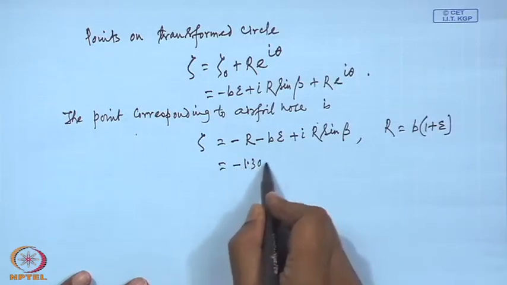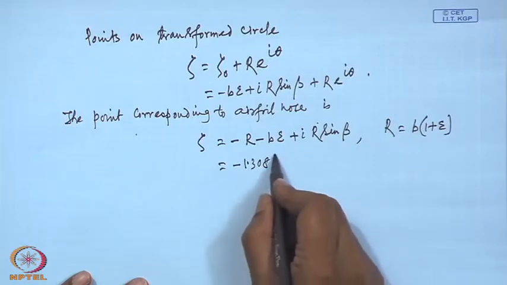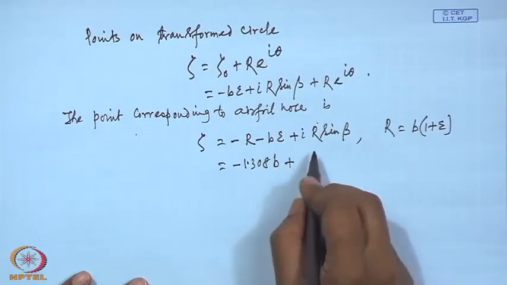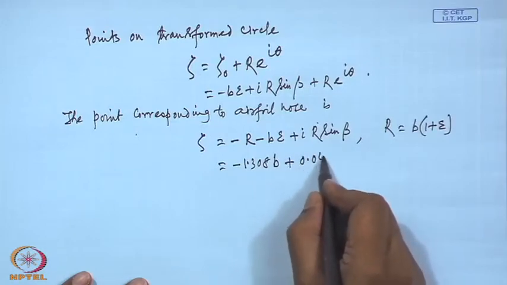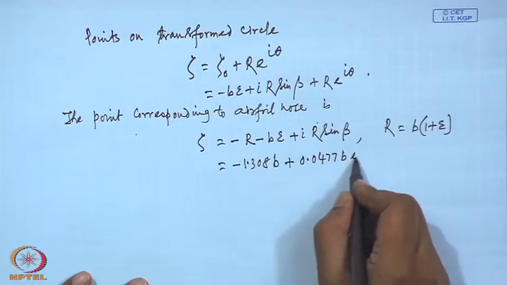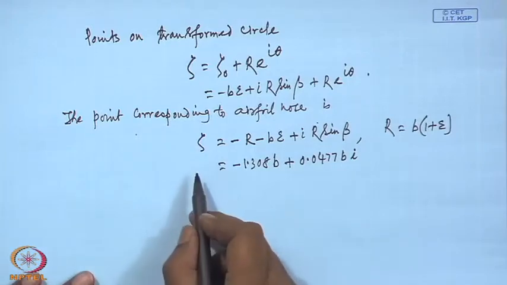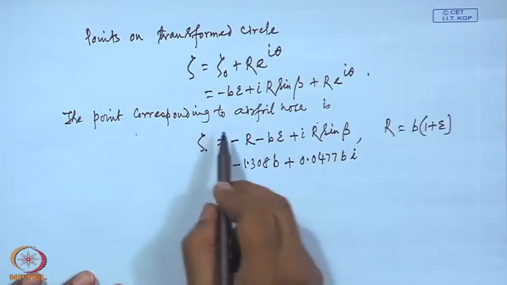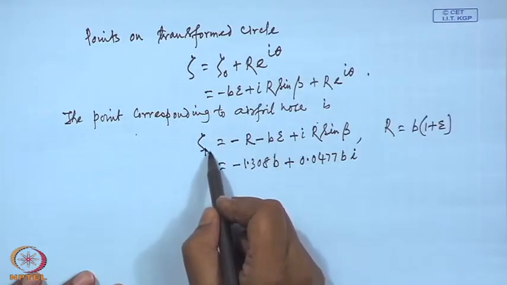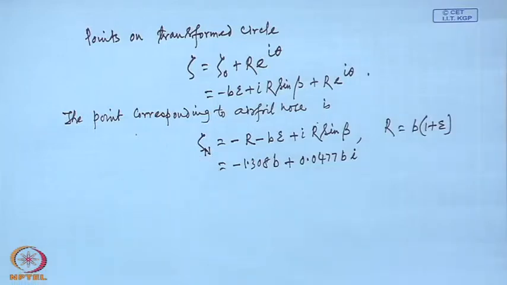What I have got is something like this, minus 1.308 b plus 0.0477 b I. Just to denote that this corresponds to the nose point, we will give a subscript n: this is the point on the circle that corresponds to the nose of the airfoil.